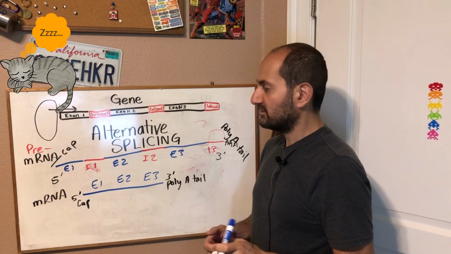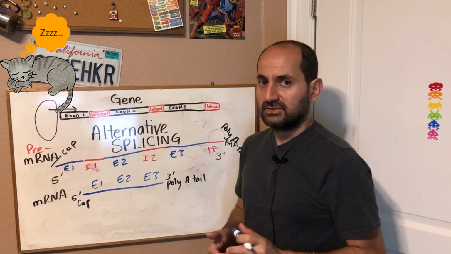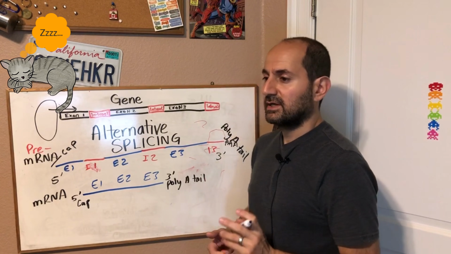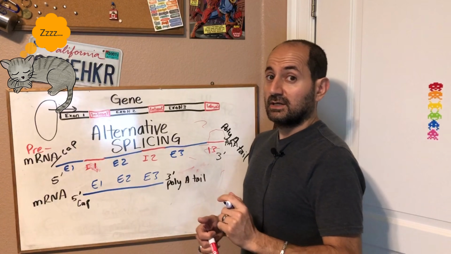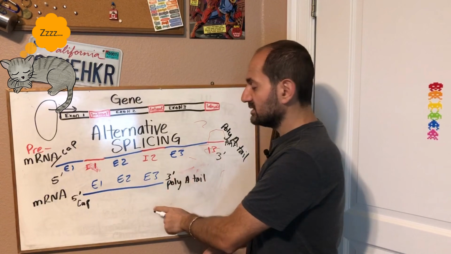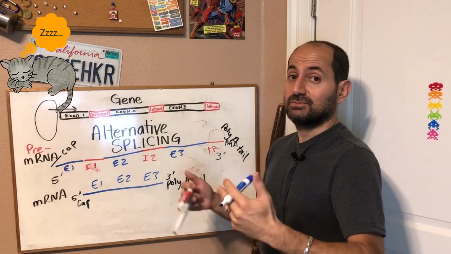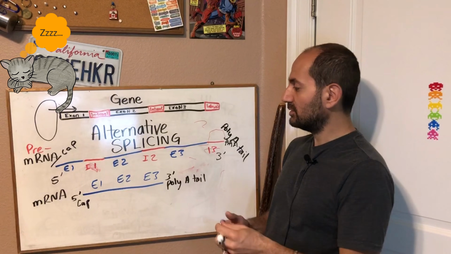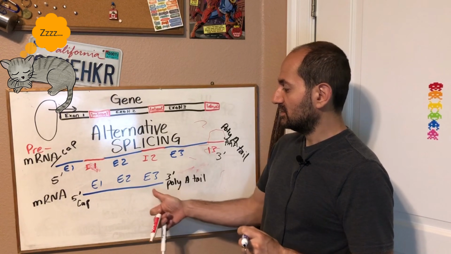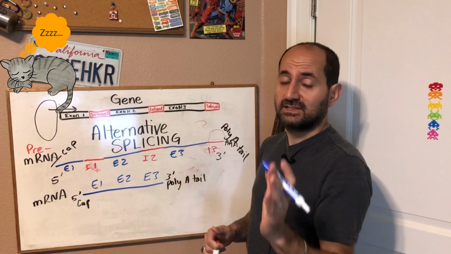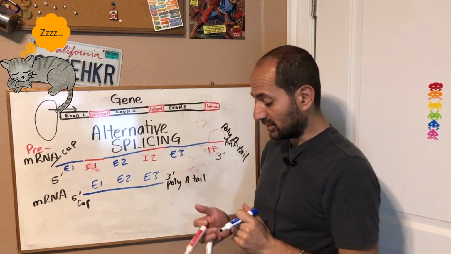So what's alternative splicing? Alternative splicing is, again, only found in eukaryotes. It is a process by which eukaryotes can make more than one protein, right? More than one gene product from the same gene. How can you possibly do that? Well, what if you shuffled the exons around or left an exon out or added an exon?